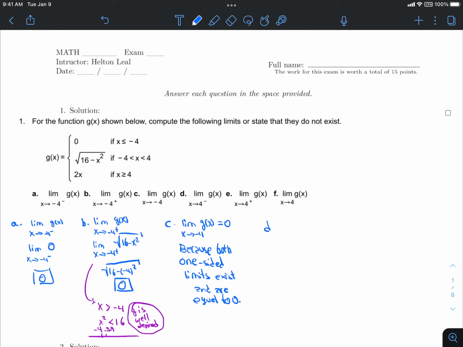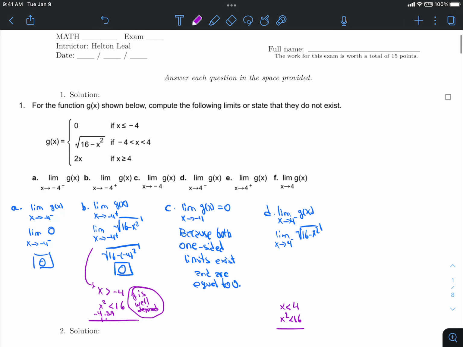Now on D, we're asking the limit when x approaches 4 from the left. So we're immediately to the left of 4. Same thing happened. So we're using the same definition, and it's the same check we need to make. X is less than 4, so x squared is less than 16. You can think about it graphically again.